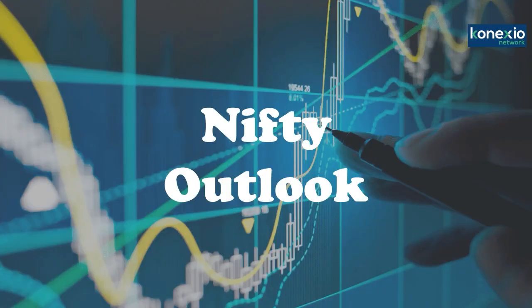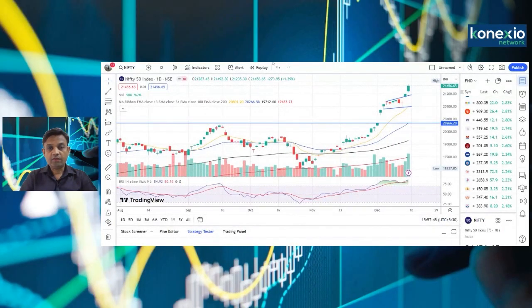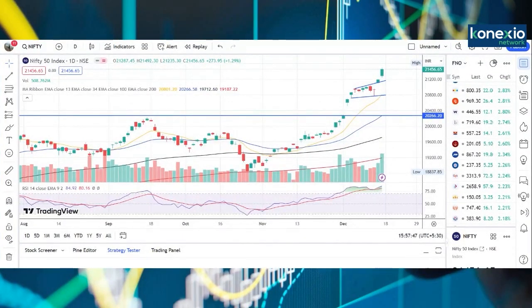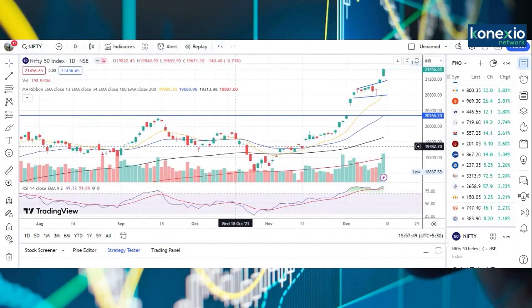So you can see this is the Nifty daily chart, and you can clearly see that Nifty has been moving into an upper region after this consolidation. This consolidation was a range bound move for a couple of days, and after the FOMC meeting, Nifty opened with a highly positive gap above the resistance trend line.